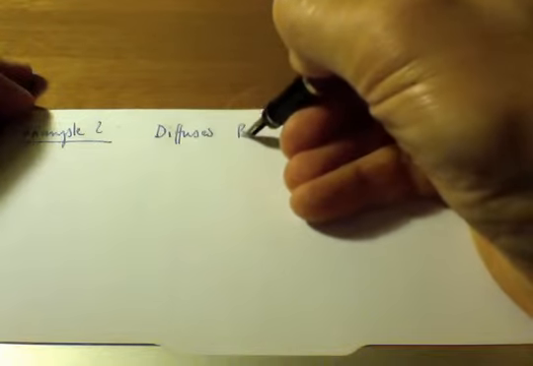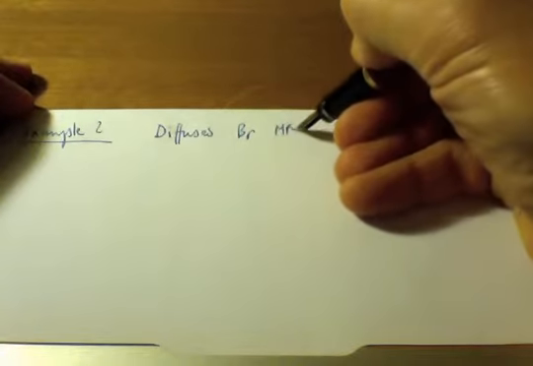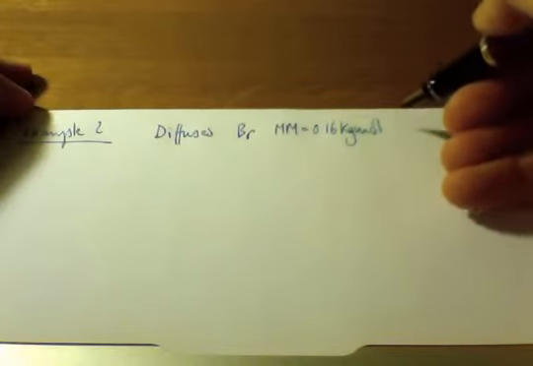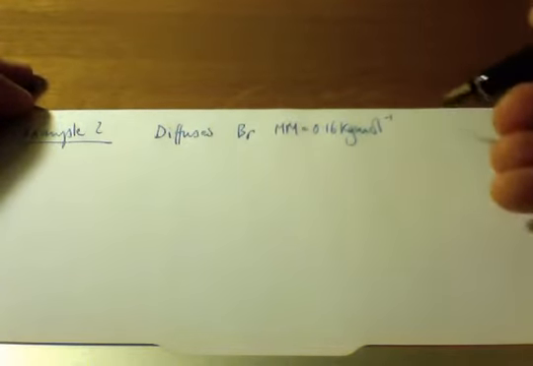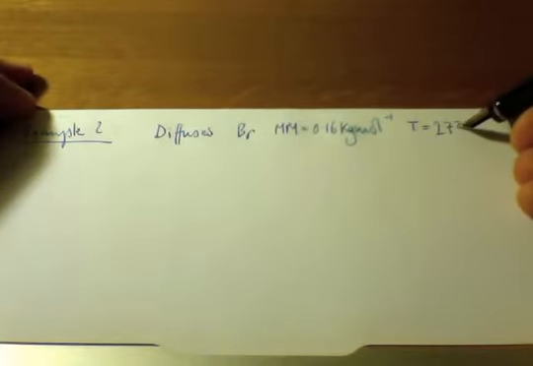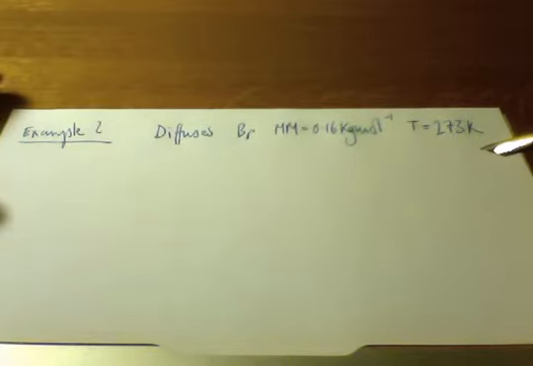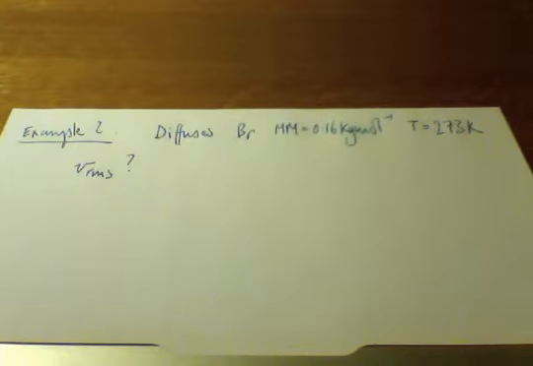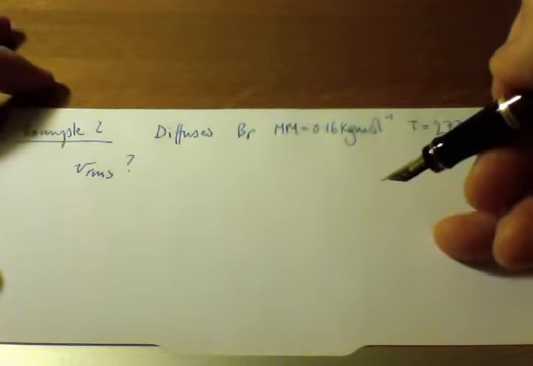So, bromine, which has a molecular mass of 0.16 kilograms per mole, we are going to put it at a temperature of 273 Kelvin, and we want to work out from that its speed again, the RMS. Once again, if you think you can do it, go for it. Hit pause and give it a go. If not, I'll go through the solution right now.